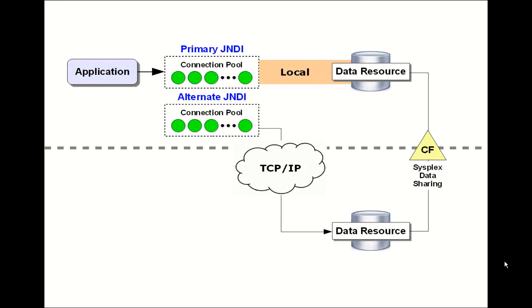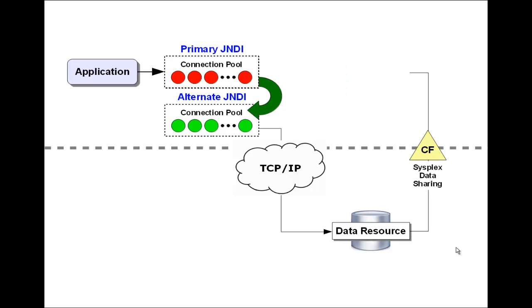The purpose of the alternate JNDI function is to provide a backup connection pool in the event your primary connection pool suffers get connection failures. So imagine you have a scenario where you are using an application that's connecting with local connectors to a local data source, and better still, imagine this is in a parallel sysplex in a data sharing group, and imagine that your local data resource were to go away.